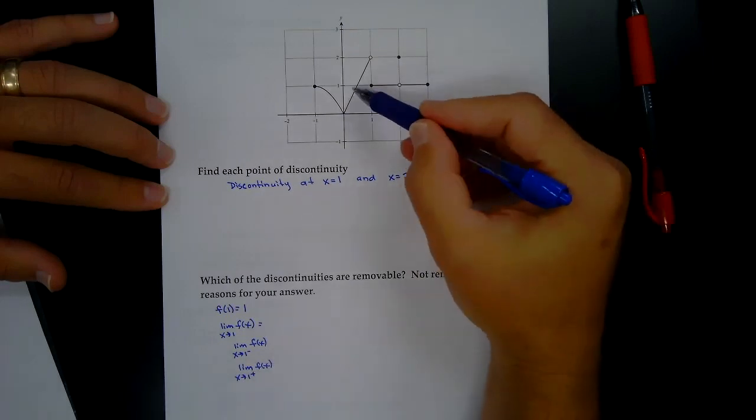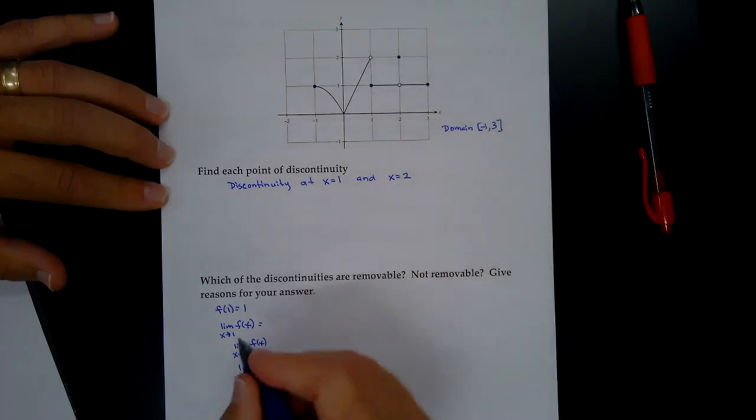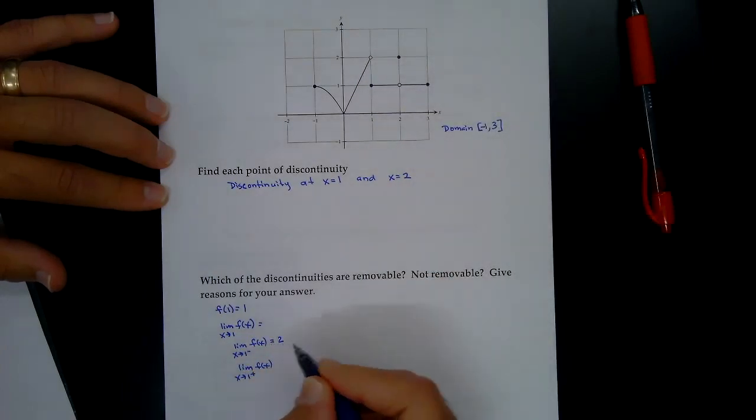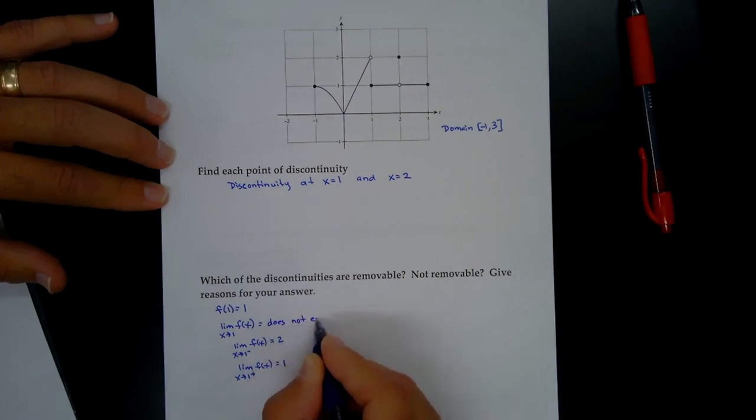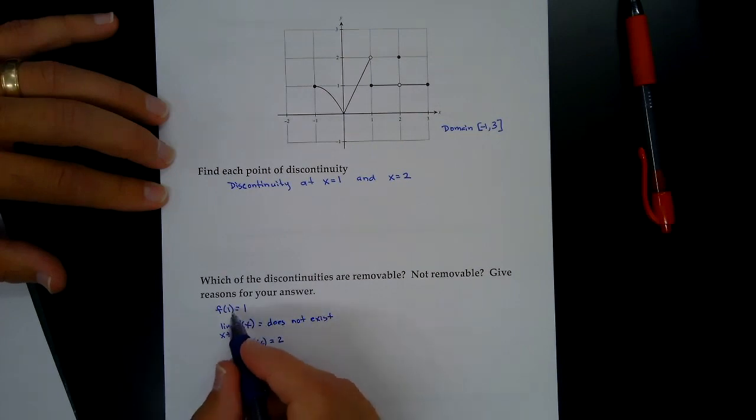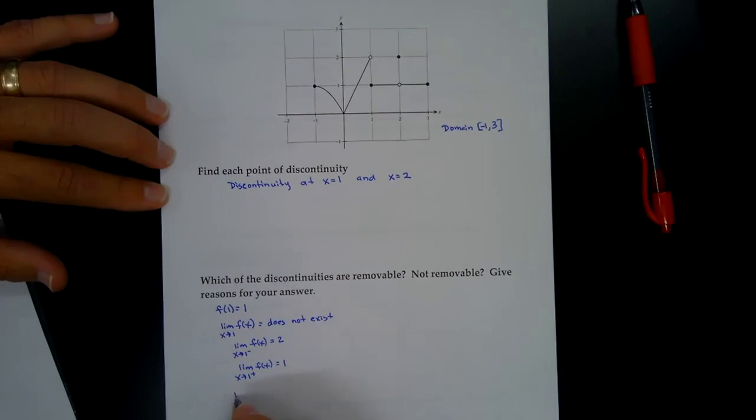From the left, it's approaching the value of 2, and from the right, it's approaching the value of 1. Those are not in agreement, so this means the limit does not exist. Because the limit doesn't exist and the function value does, the limit as x approaches 1 of f of x does not equal f of 1.